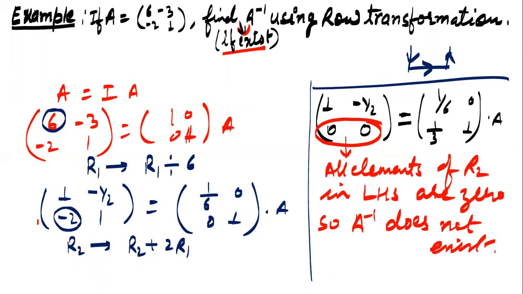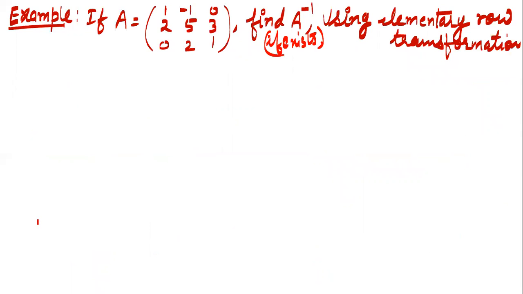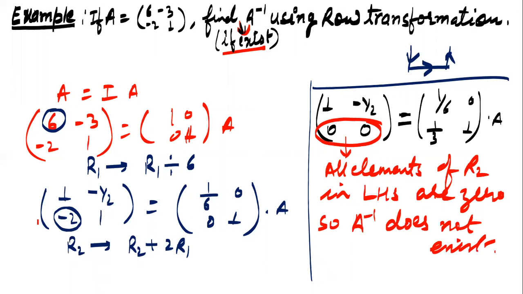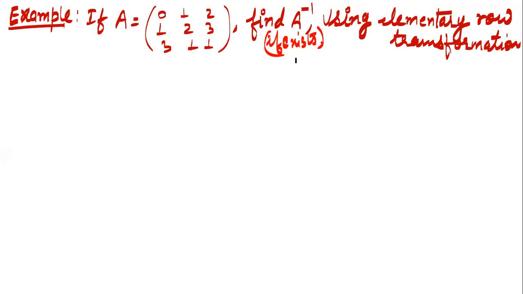Now taking a 3 by 3 order matrix. So 2 by 2 is very simple. We can do it. The steps are less. But if it is a 3 by 3 matrix, how to do it? Let's see. So we have the example over here. If A equals 0, 1, 2, 1, 2, 3, 3, 1, 1, find A inverse if it exists using elementary row transformation.